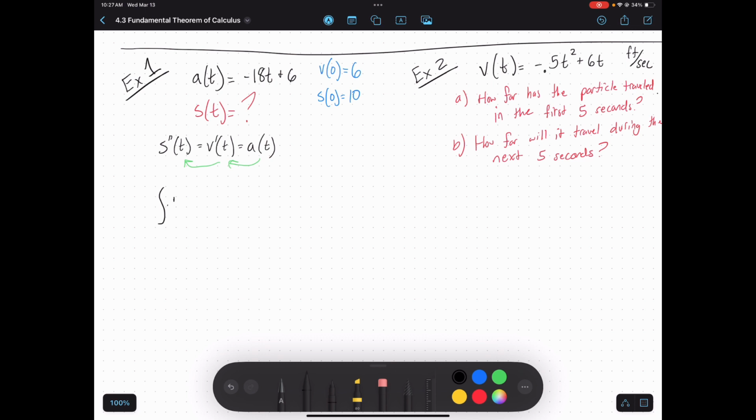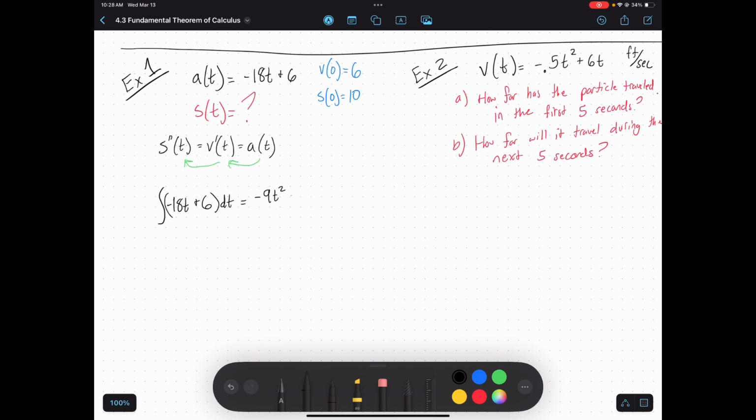I'm taking the indefinite integral of negative 18t plus 6 dt, now because my variable is in terms of t. Okay. And let's see what happens. So remember, this is acceleration. So if I take the indefinite integral, which means all I'm doing is finding the antiderivative, I get negative 9t squared, because that's negative 18t squared over 2, right?